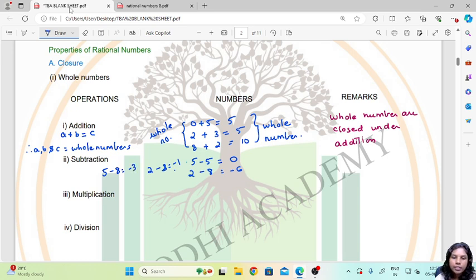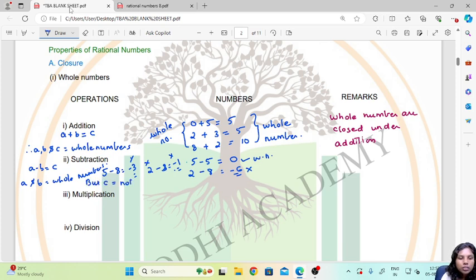In the first case we are getting a whole number, but in the rest of the cases, minus 1, minus 6 and minus 3 are not whole numbers. So when we have A minus B equals C, A and B are whole numbers, but C is not a whole number.